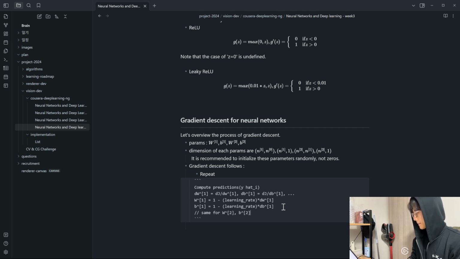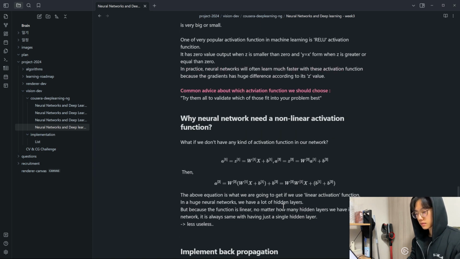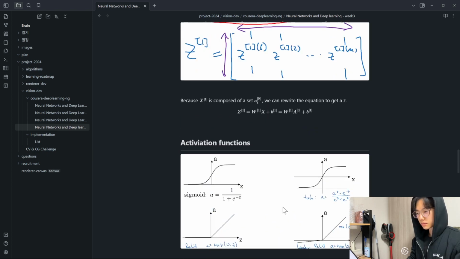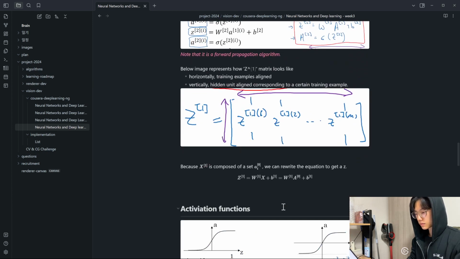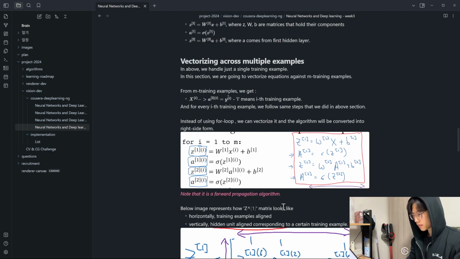So let me just summarize again the equations for forward propagation. So you have Z1 equals W1x plus b1, and then A1 equals the activation function in that layer applied element-wise to Z1. And then Z2 equals W2 A1 plus b2.